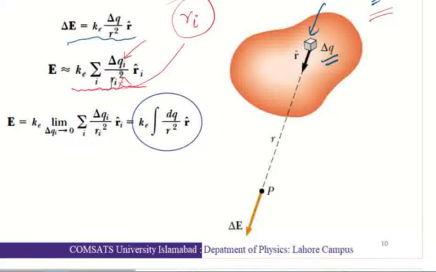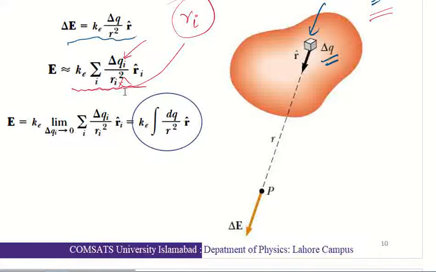So we just sum the contributions of electric field and also sum the unit vectors, because it's a vector field, so we have to sum the contributions, sum the unit vectors also.